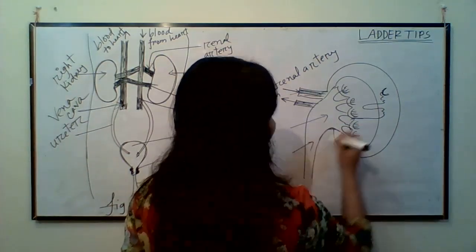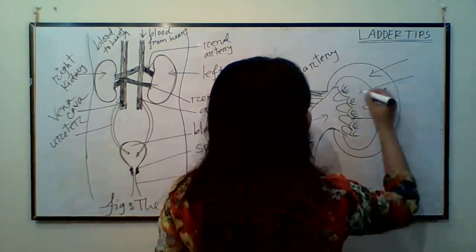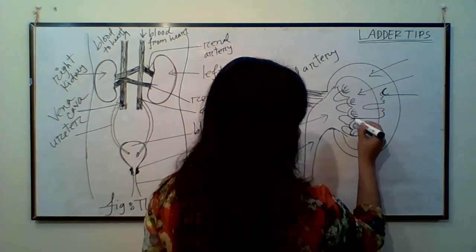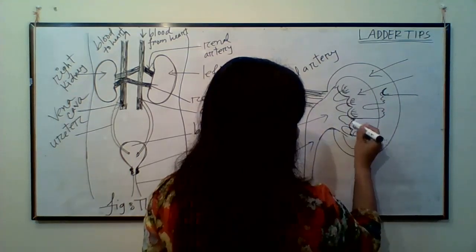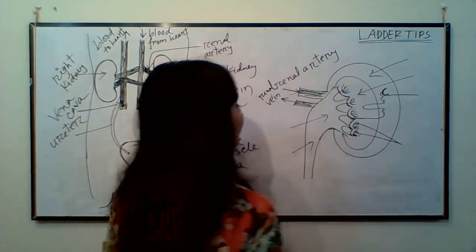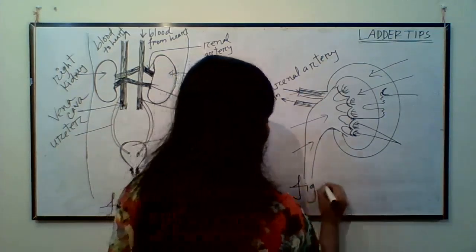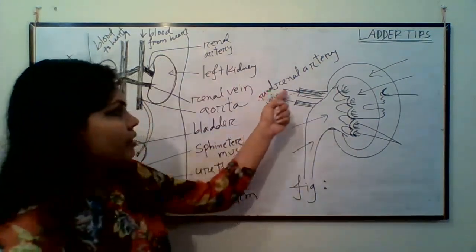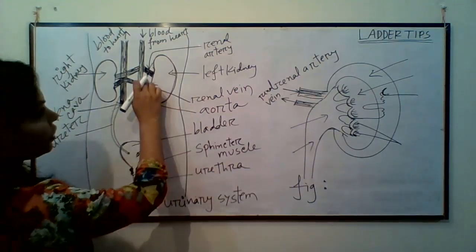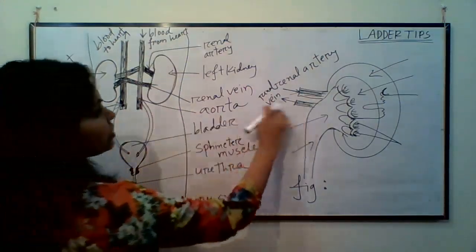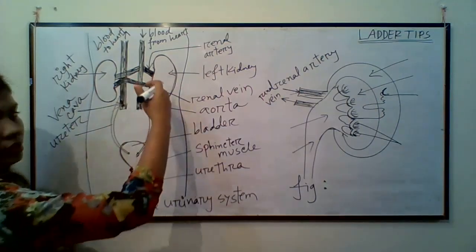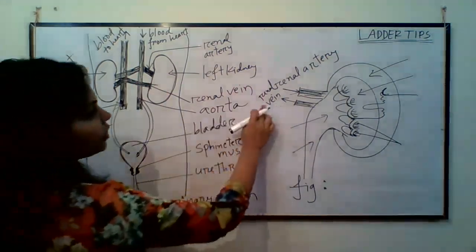Now let me tell you. This is the renal artery, as I told in the urinary system, where the blood comes in, and this is the renal vein. After cleaning, the clean blood goes to the heart through the renal vein.